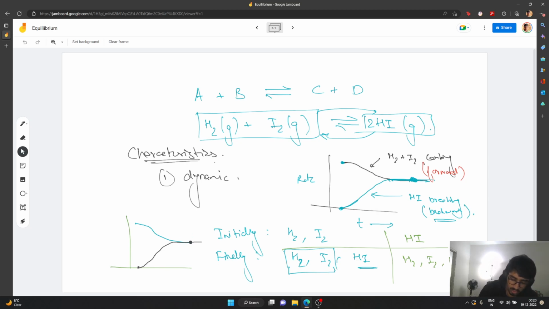Now the next point that I want to bring up, which your book talks about, is this concentration at the end and this concentration at the end. Let's mark it in a different color, maybe green. This concentration and this concentration right here are the same, so they are kind of constants. Your book talks about two graphs.